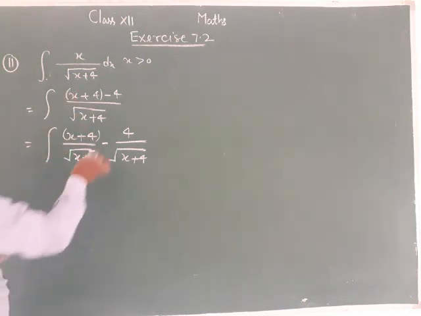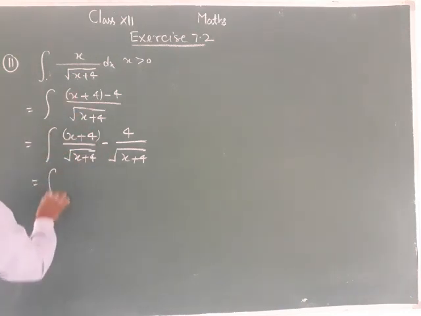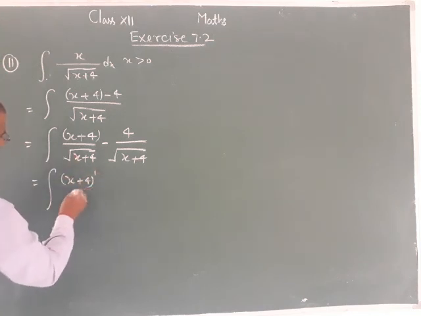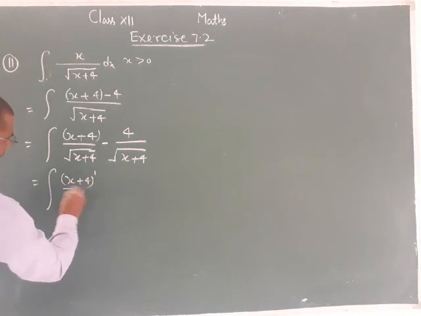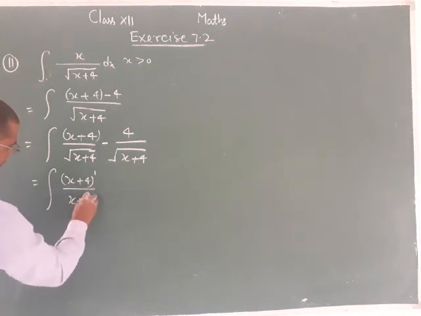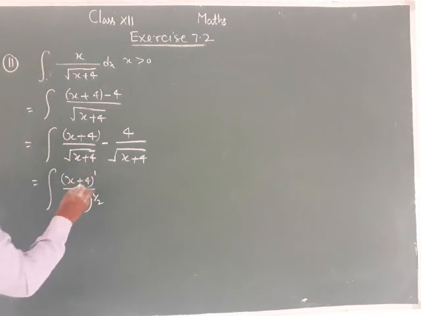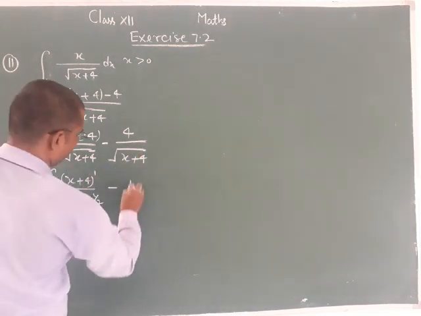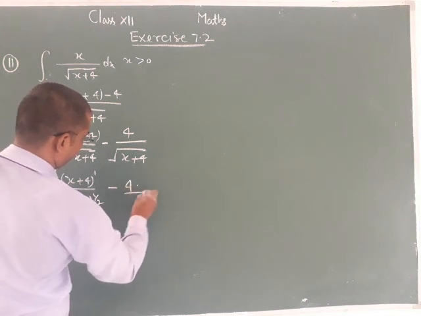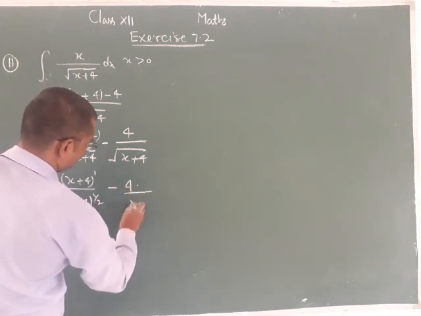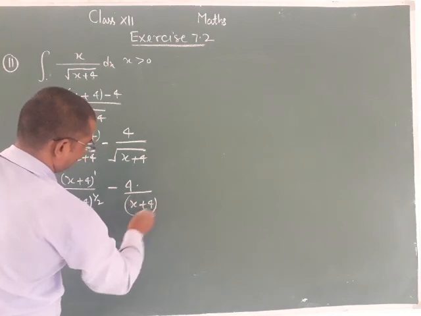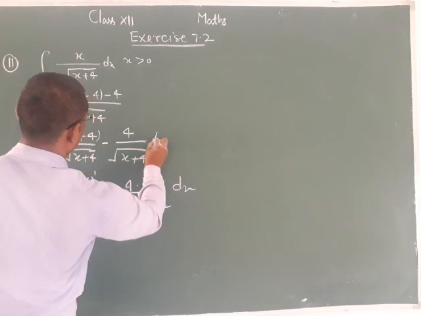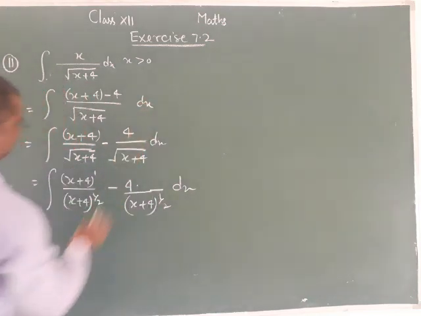So we can write (x plus 4) upon (x plus 4) to the power 1 by 2, and minus 4 upon (x plus 4) to the power 1 by 2, dx.